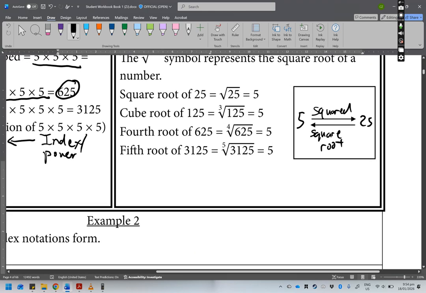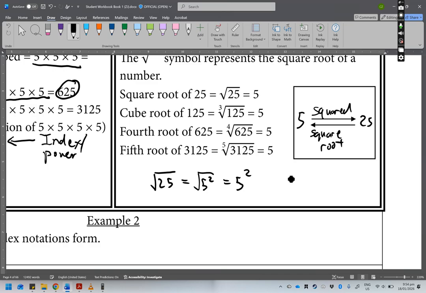Okay, and here square root of 25 equals 5 is the same as doing this. So square root of 25 is square root of 5 squared, which is then 5 to the power of 2 divided by 2, which will give us 5 to the power of 1, which will give us 5.